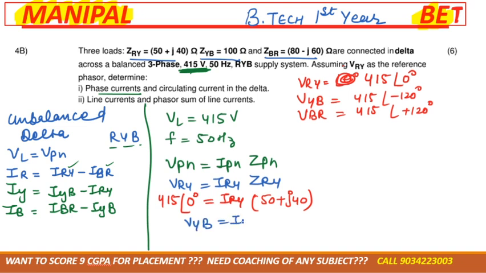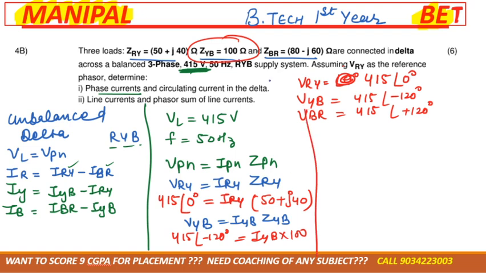Similarly, VYB is equal to IYB times ZYB, right? VYB is how much? 415 at minus 120 degree. IYB you calculate from ZYB. Similarly, VBR is equal to IBR times ZBR.